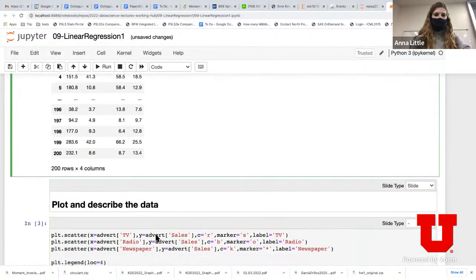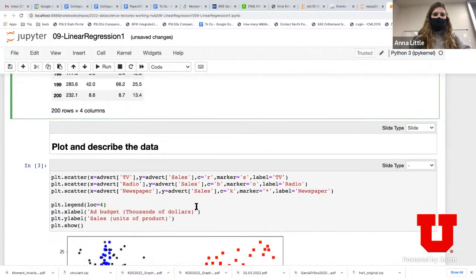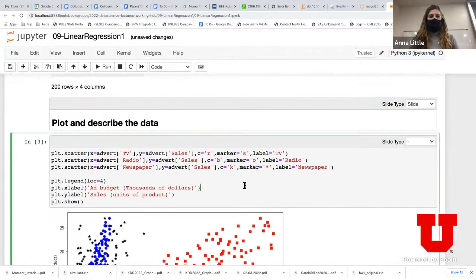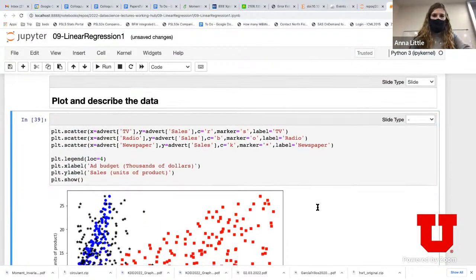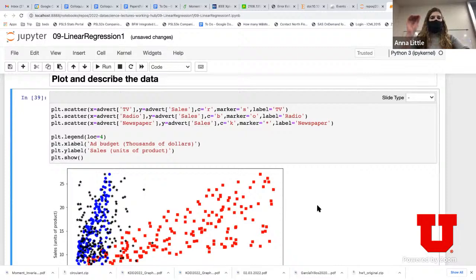Okay, so let's take a look at a plot. That's always helpful when you're getting started, to plot and describe the data. Here, we're going to do 3 different scatter plots. For each, we plot the response variable, or the dependent variable, against each of the explanatory variables.